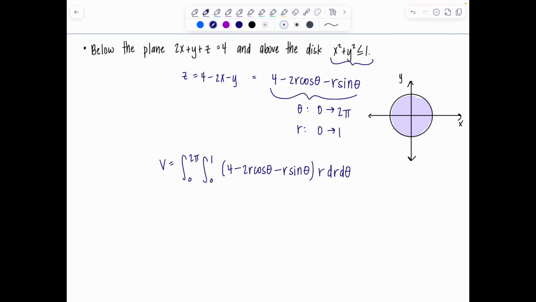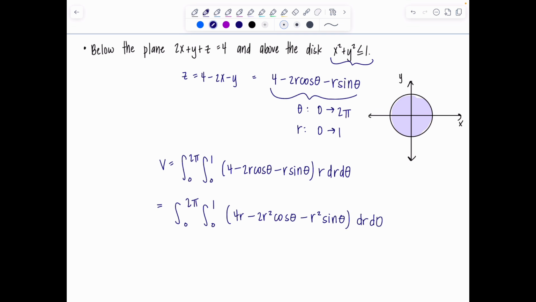So we're going to distribute the r through, and then we'll integrate. No shortcuts can be taken, sadly. I'm so sorry. 0 to 2 pi, 0 to 1, 4r minus 2r squared cosine theta minus r squared sine theta dr d theta.